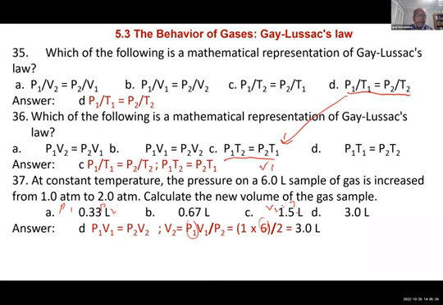P2 is 2 atmosphere. The answer is 3 liters, which is the D. They are pretty simple problems. You have to find the gas law, plug in the known variables, and calculate the unknown variables.